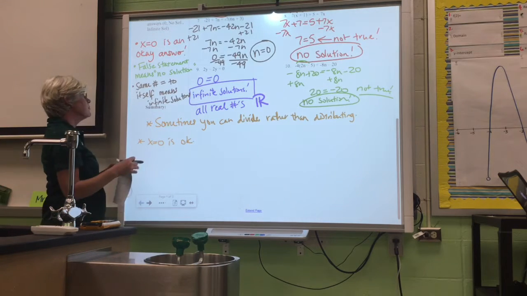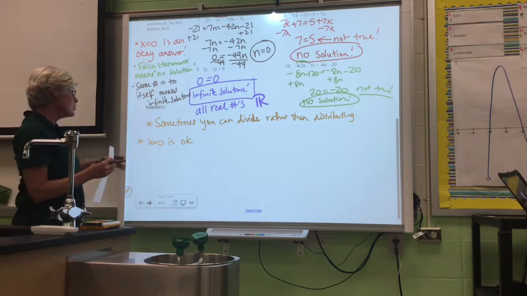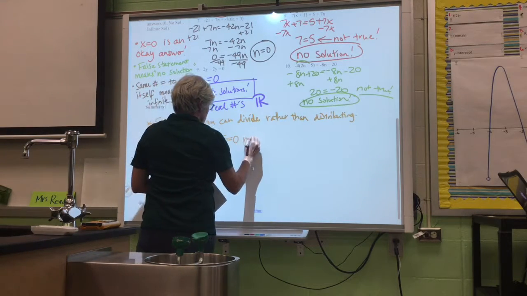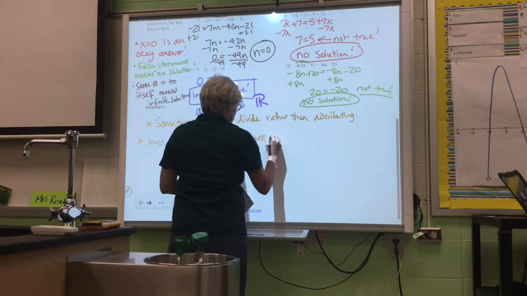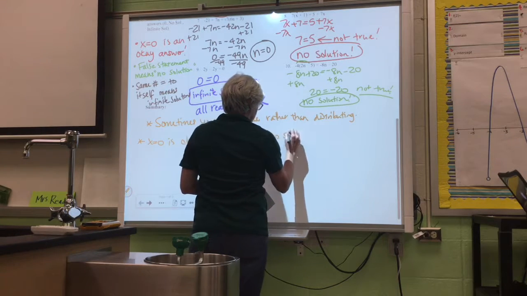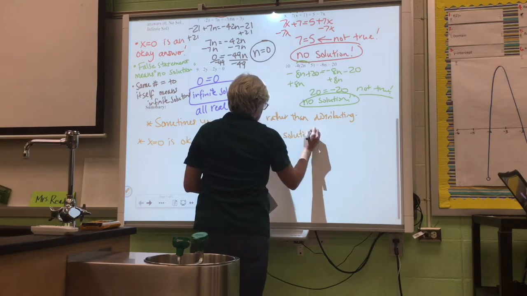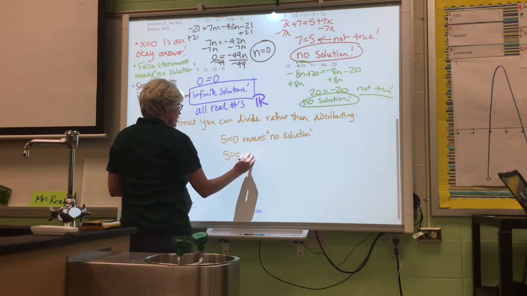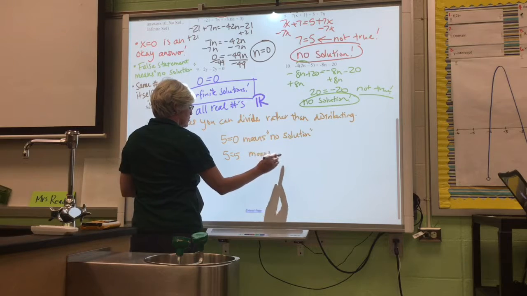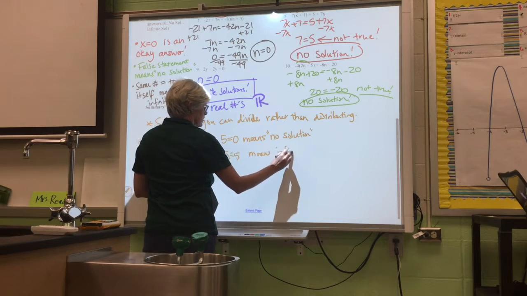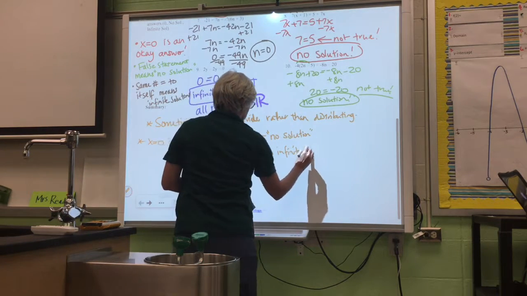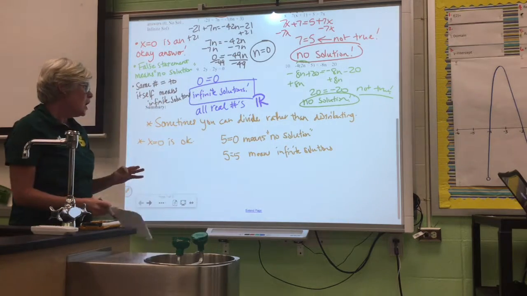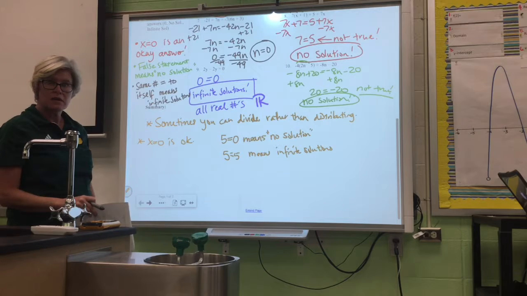And then you might write something about the false statement means no solutions. For instance, you could say 5 equals 0, for example, means no solution. But if you have something like 5 equals 5, that means infinite solutions. Okay, we will work on some of these in class tomorrow.